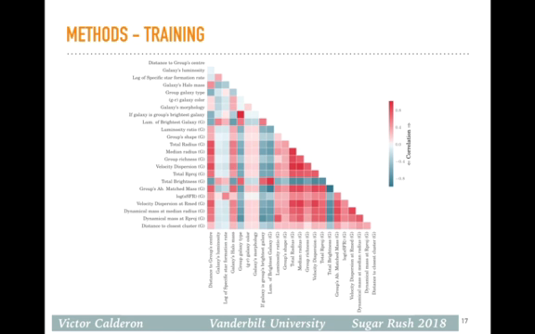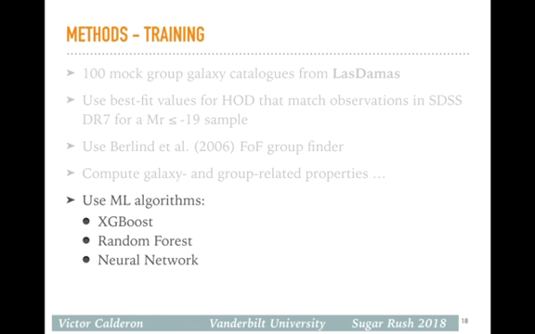And for the sake of time, I'm not showing results for that part, but what I'm showing is the different machine learning algorithms that we use, and also the results that we get using that subset of features. So for this, we use a set of 3 machine learning algorithms: XGBoost, random forest, and neural network.